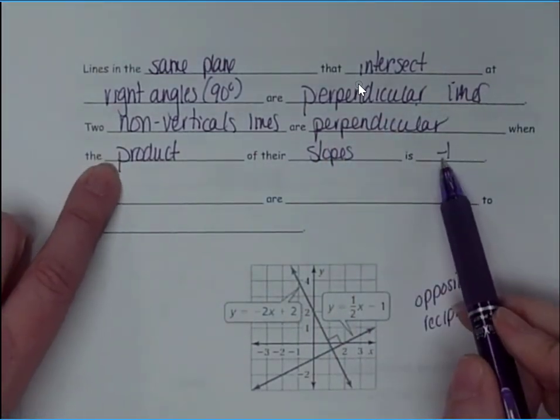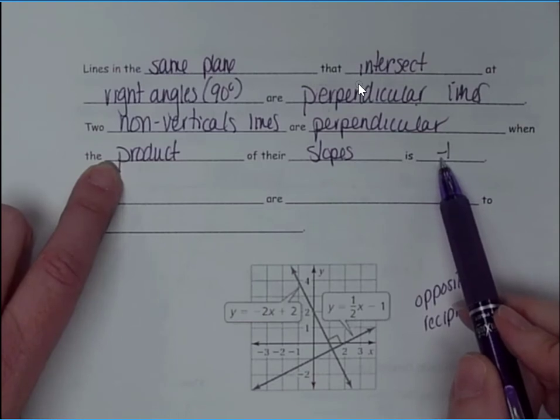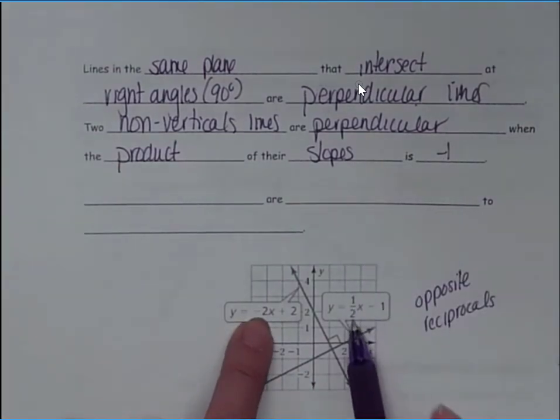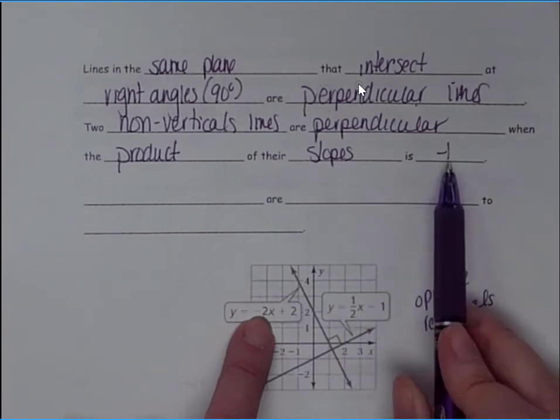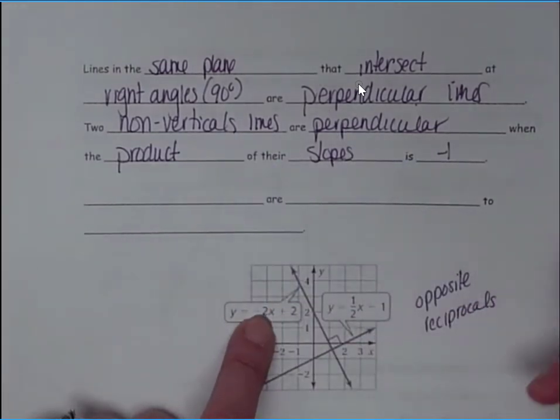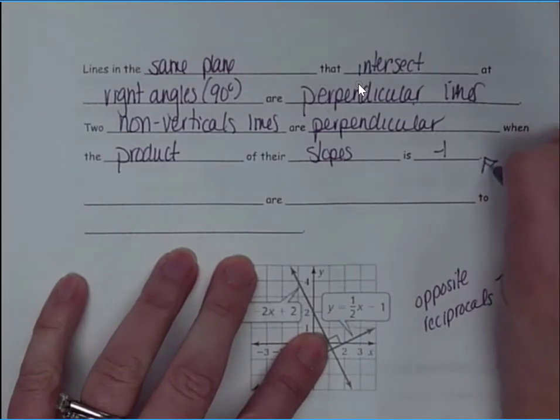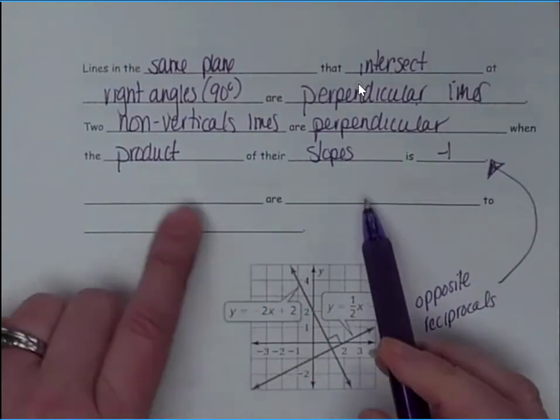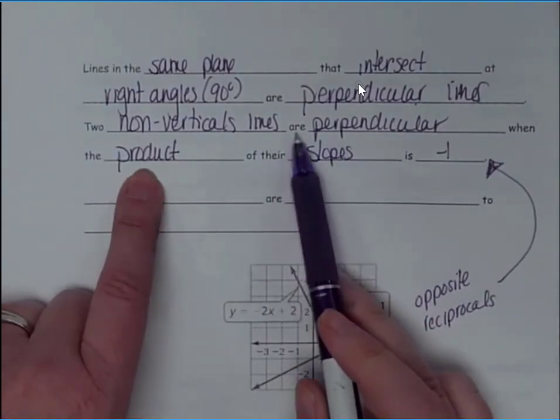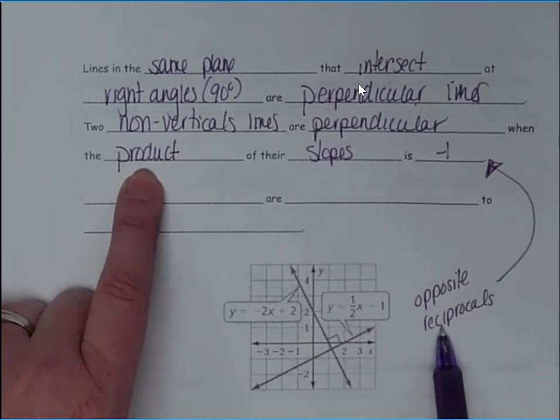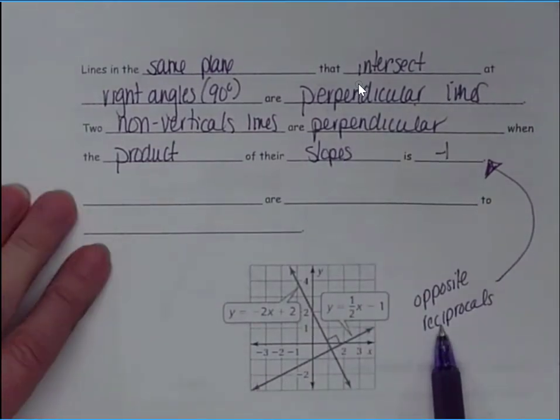Now you might be thinking, what in the world does that mean? Well, if I were to multiply these two slopes, -2 and 1/2, I'd get -1. All of this is just fancy for saying non-vertical lines are perpendicular when their slopes are opposite reciprocals.